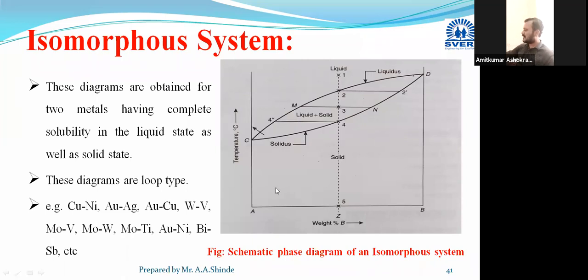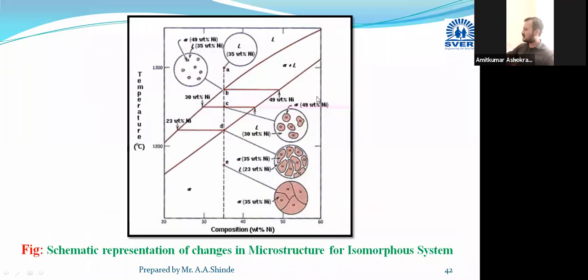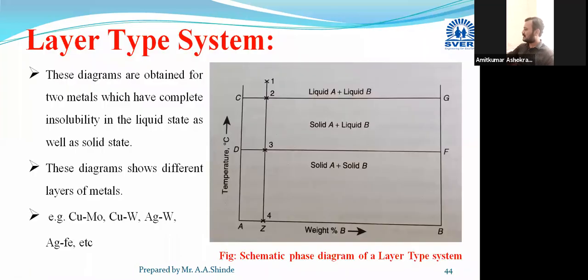That's why here I have considered only one curve, and I have highlighted its microstructural changes or phase changes during each point. Here in this diagram, this is the Z% B alloy I have considered.